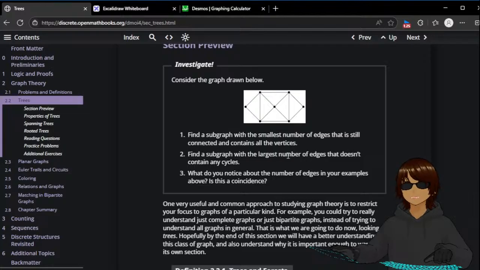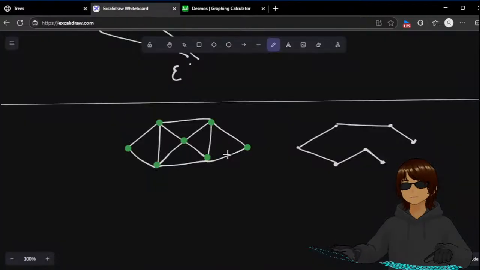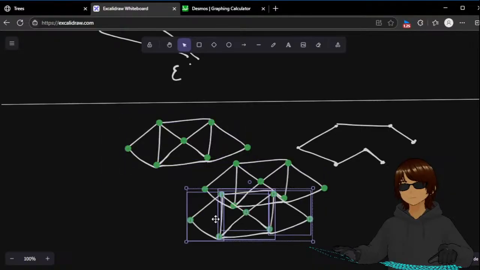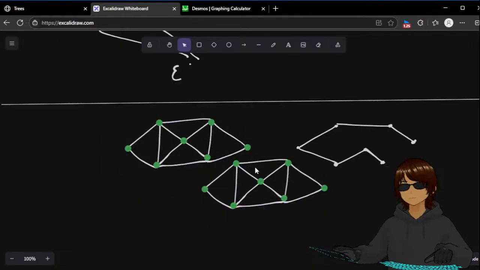Find a subgraph with the largest number of edges that doesn't contain any cycle. Yes, cutting off this. Hold on. Yeah, so here is a cycle.